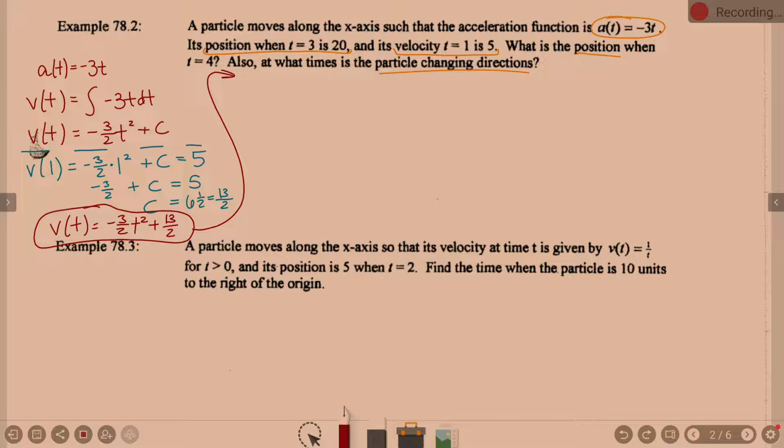So now what? Well, it wants to know the position when t is equal to 4. So yeah, it wants position, so we're not stopping yet. In order to find position, we're going to integrate velocity. So we're integrating negative 3/2 t squared plus 13/2 dt.